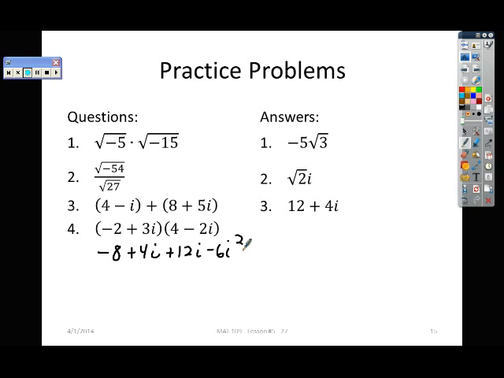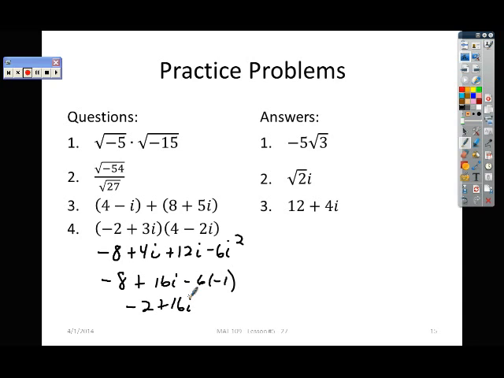Here we can combine like terms and also substitute for the -1, or substitute for the I squared. Then I can combine this and this, so -8 and +6, unless I made an arithmetic error, that should be what you get.